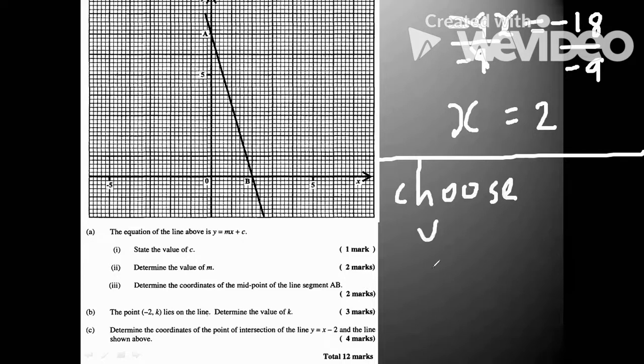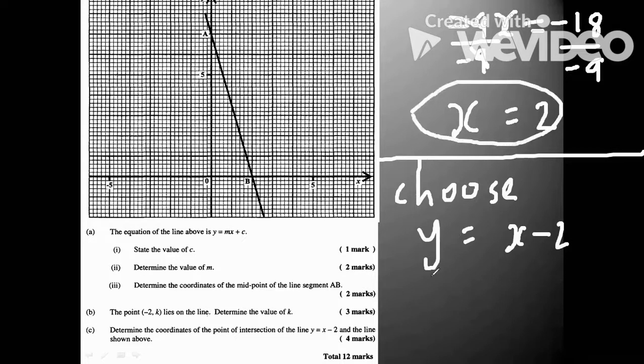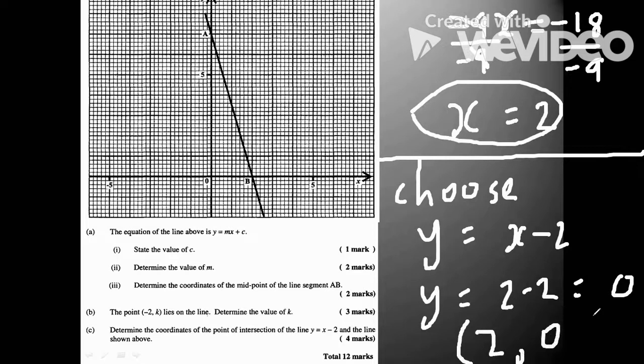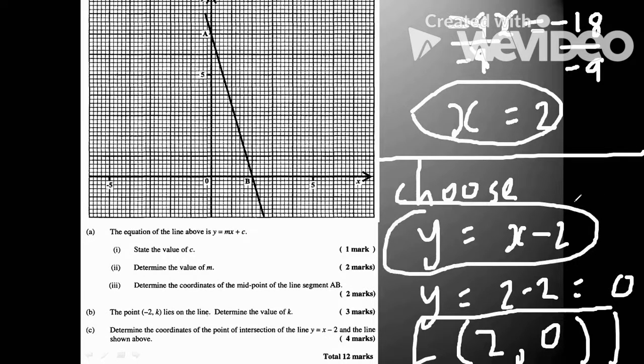We choose the equation y equals x subtract 2, and we substitute x equals 2 into it. So y equals 2 subtract 2, so y is equal to 0. So the coordinates of where they intersect is x equals 2 and y is 0. Now we could have chosen the original equation, we didn't have to choose this one, but this one's simpler to work out, so let's use that one.